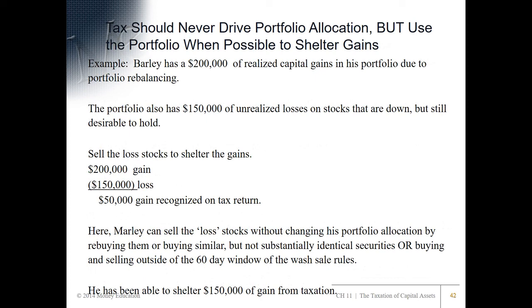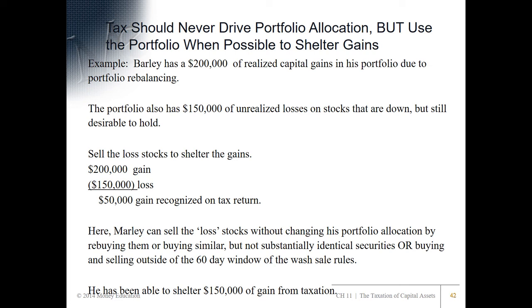Okay, another rule. Tax should never drive portfolio allocation, but use the portfolio when possible to shelter gains. So, for example, Barley has $200,000 of realized capital gains in his portfolio due to portfolio rebalancing. Now, his portfolio also has $150,000 of unrealized losses on stocks that are down, but still desirable to hold.